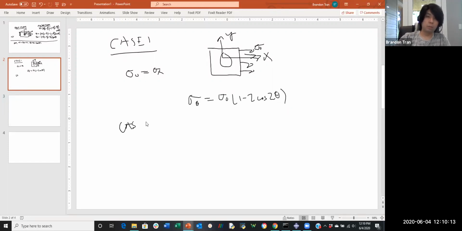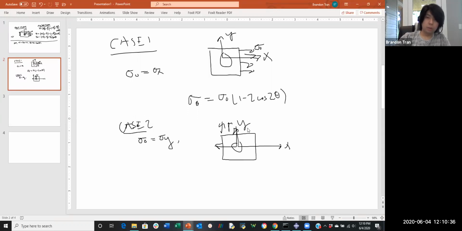Case 2 is much more interesting because what happens if I decide to apply it in the Y direction instead of the X direction this time? So sigma 0 equals sigma Y. Okay, so what essentially happens is if I draw the same system again, essentially I can do, and let me just be complete here for completeness' sake.